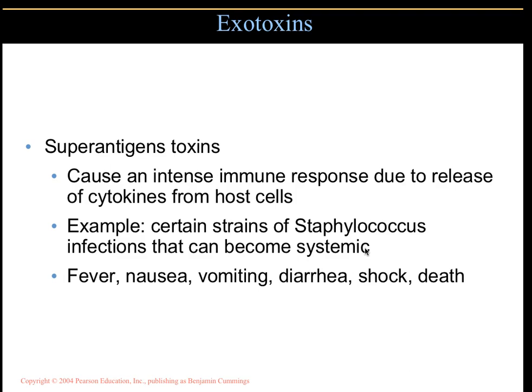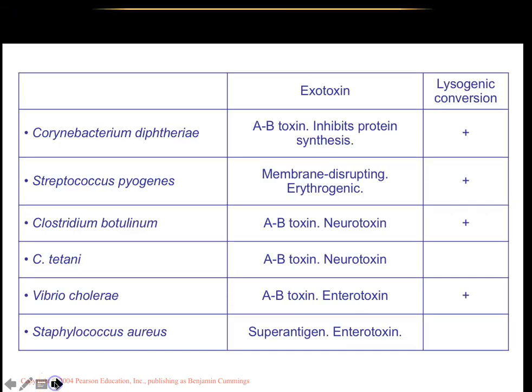The person either presents and gets treated intensely very quickly after infection, or death is something that's not uncommon. So superantigens produced by deadly virulent staph that becomes systemic in the body, usually via the bloodstream, can cause fever, nausea, vomiting, diarrhea, shock, and death. So they're kind of like in a class of their own.